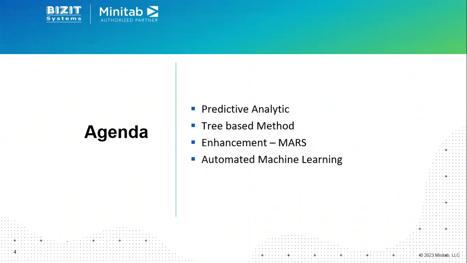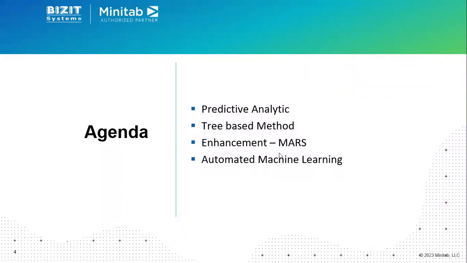Okay, so our agenda for today is to bring you through how Minitab will help you to start your journey into the predictive analytics world. Now everyone can be a data scientist with the additional module provided by Minitab. For your information, the latest Minitab adds a new algorithm, the multivariate adaptive regression splines, or MARS.